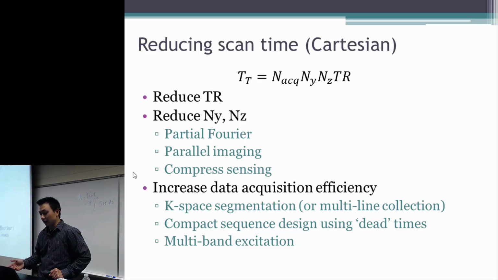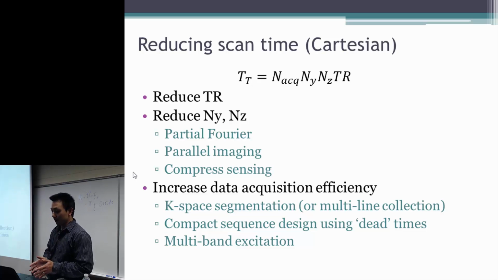And also there is a new technique recently called multi-band excitation. As we have seen before, if we do a 2D slice excitation, we just give an RF pulse with a gradient so that we can select a certain bandwidth that is associated with that slice position. Usually this would only excite one slice.